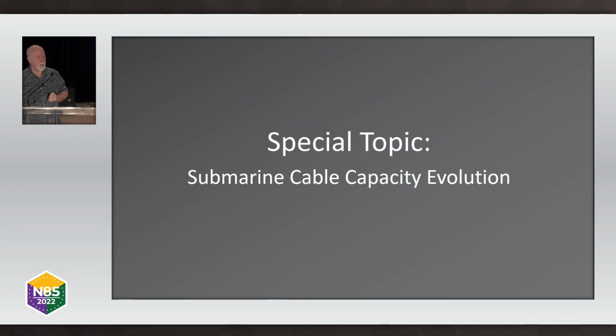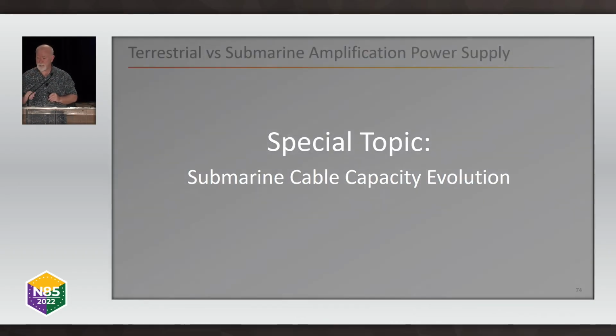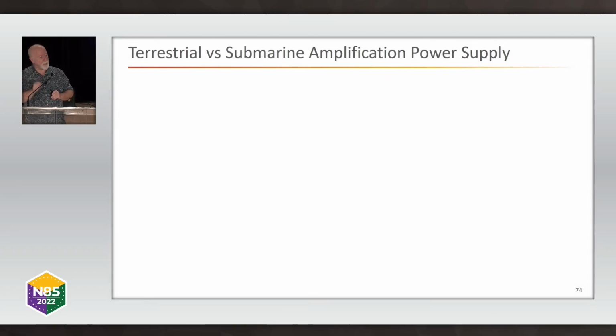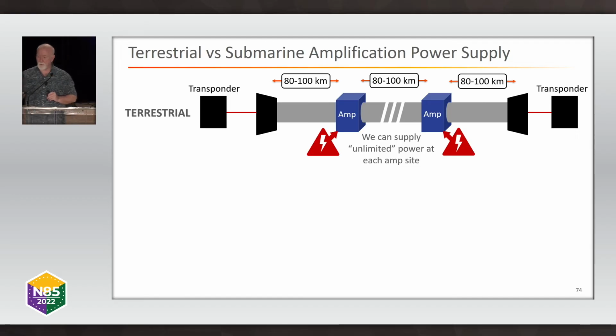So a special topic here is submarine cable capacity, because the biggest difference between terrestrial and subsea is power supplies. In a terrestrial network, you have amplifier sites, but you also have mains electricity at those amplifier sites. You can put electricity in at all of those amp sites.